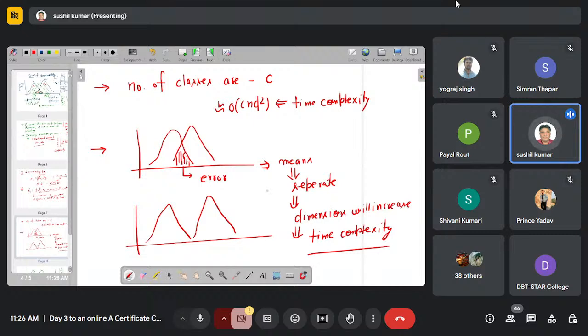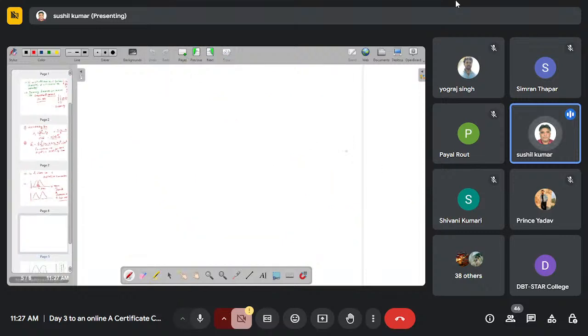Dimensions will increase definitely. So you need to decrease this dimension with efficient separability. So this is the problem for today, what exactly we are discussing here. We have more number of features with us, and somehow we need to reduce the dimensions.